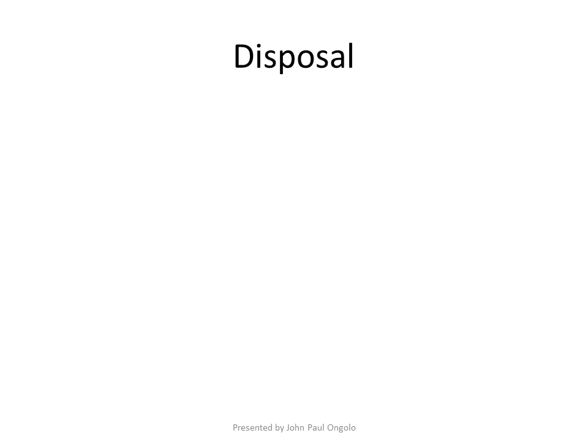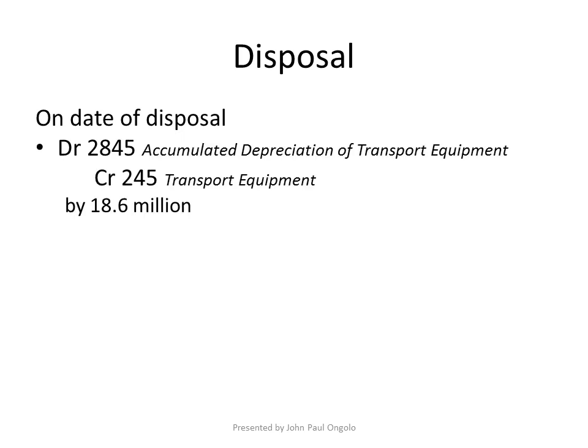So the first thing to do is to close the accumulated depreciation. On the date of disposal, we close the accumulated depreciation account by debiting it by the balance which is in that account. Remember that the accumulated depreciation account is a balance sheet account, as we said earlier, and so the amount of depreciation ever recorded on the asset will accumulate in that account.